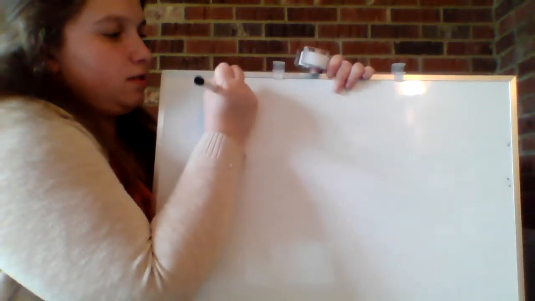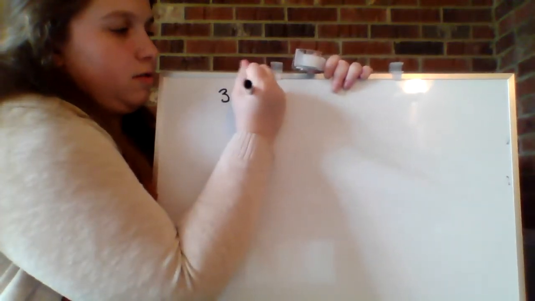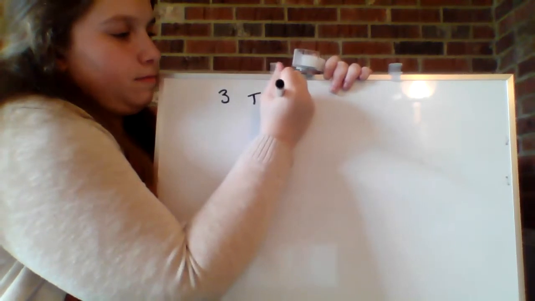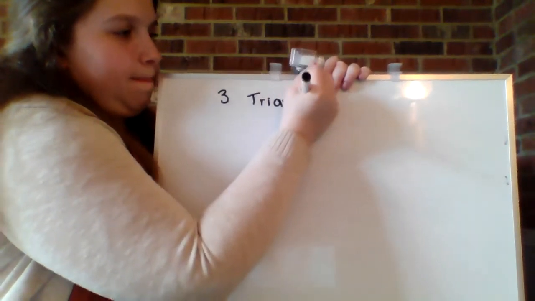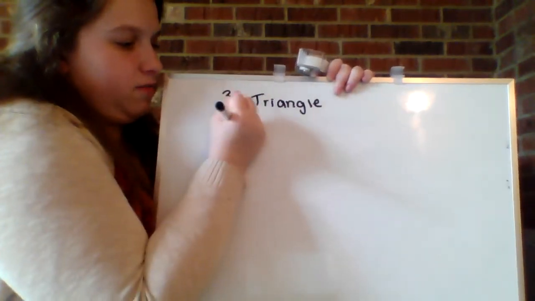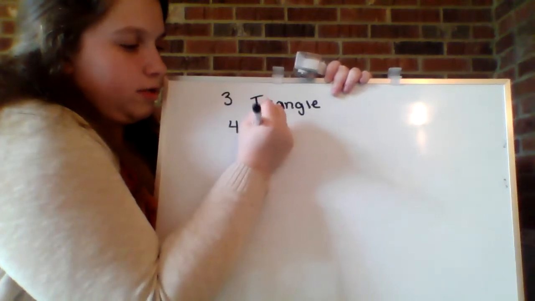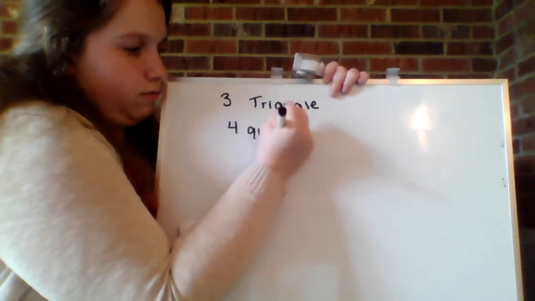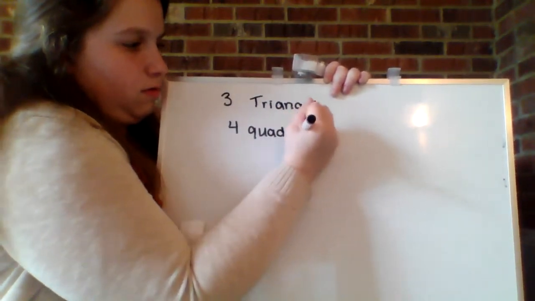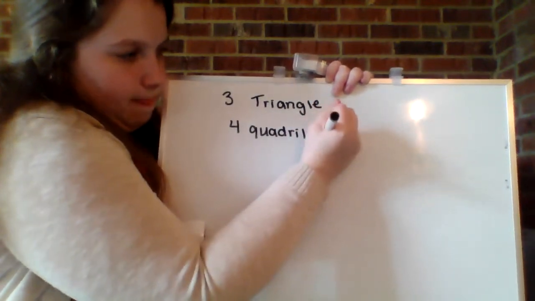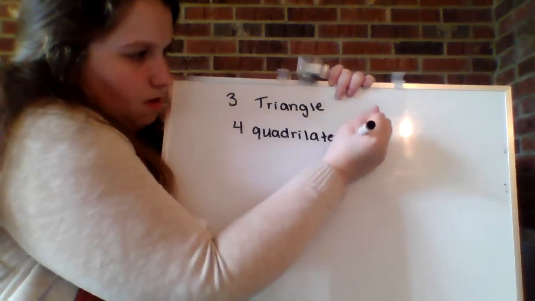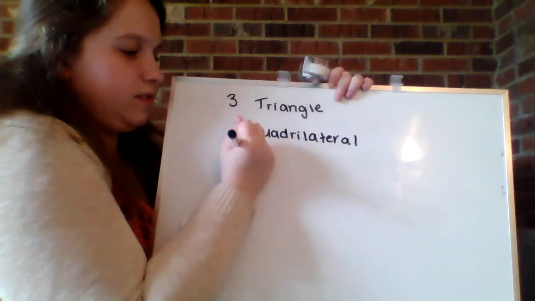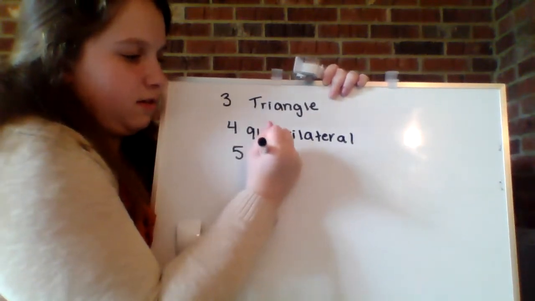A 3-sided polygon is called a triangle. If it has 4 sides, it's a quadrilateral. If it has 5 sides, it's a pentagon.